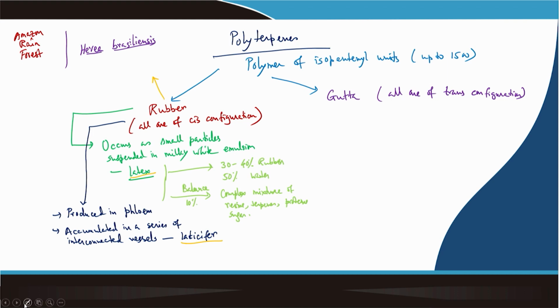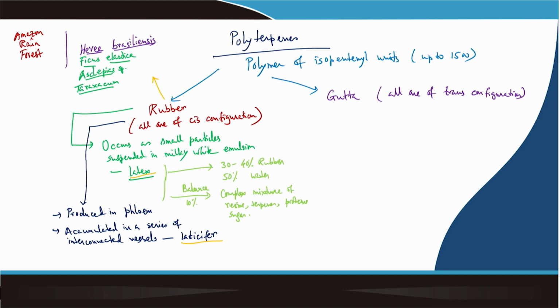Apart from that, there are other species which also produce rubber, for example Ficus elastica, species of Asclepias, and another important one is Taraxacum species, called dandelion.